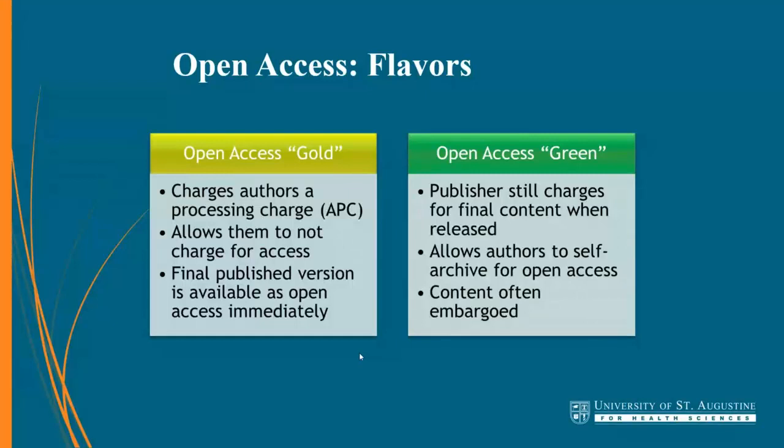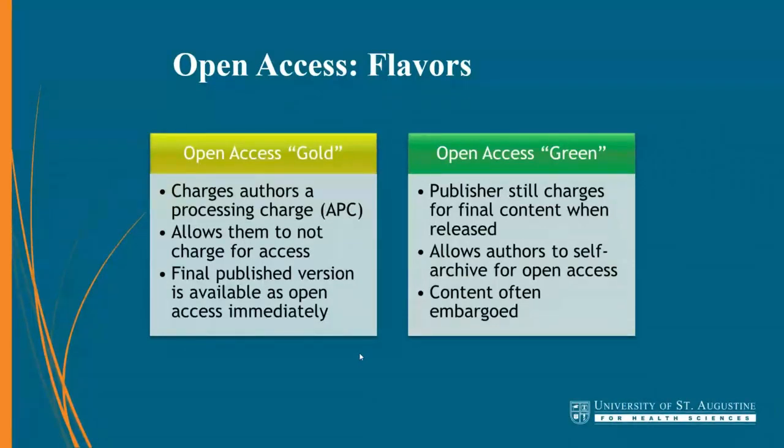Typically, it takes place in a couple different varieties. So we'll often refer to open access gold, which is essentially what I was talking about. The author or the publisher charges at that point when they acquire the content, but then they can publish that final version as open access immediately.